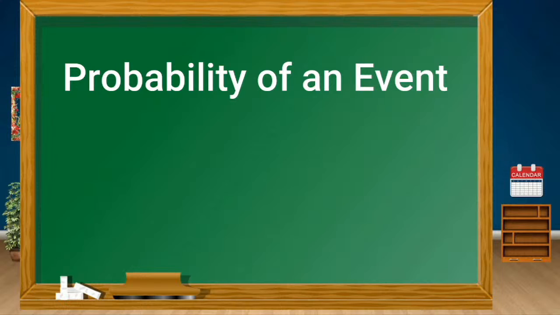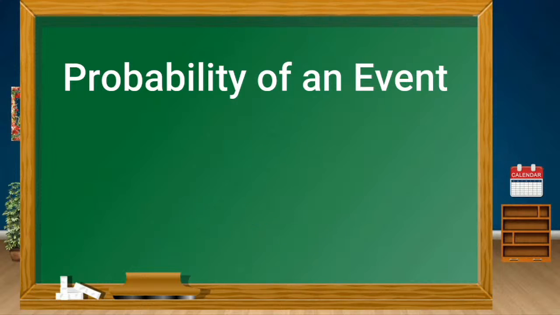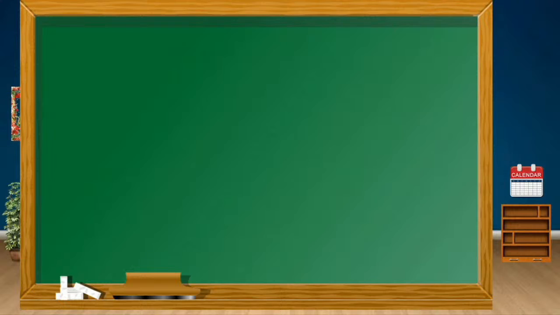How are we going to find the probability of an event? So the probability of an event is a number from 0 to 1. The range of our probability is greater than or equal to 0, but less than or equal to 1. To compute, the probability of an event is equal to the number of ways that the event can occur over the number of all possible outcomes, or the number of the sample space.